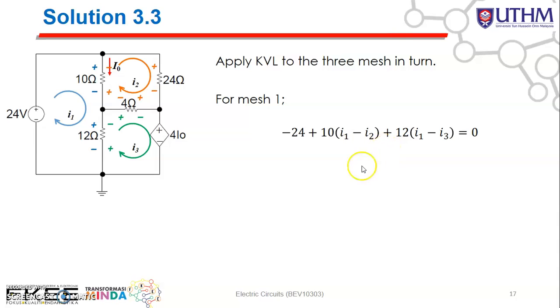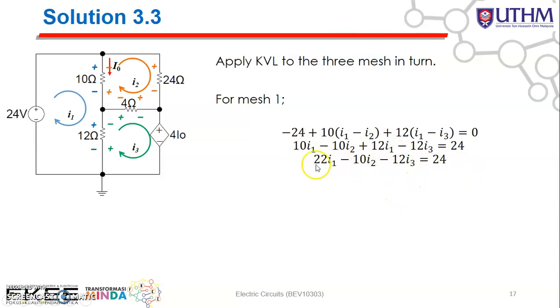Okay, and then after that we can rearrange the equation so that the negative 24, brought to this side, becomes positive 24, and then I can expand all these terms. So I have 10 I1 minus 10 I2 plus 12 I1 minus 12 I3. And then we rearrange it so that we have 10 plus 12 is equal to 22 I1 minus 10 I2 minus 12 I3 equal to 24.